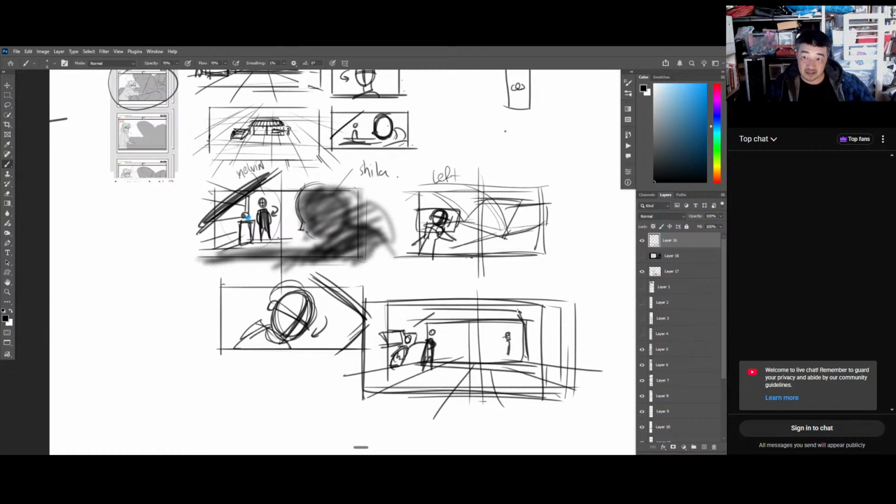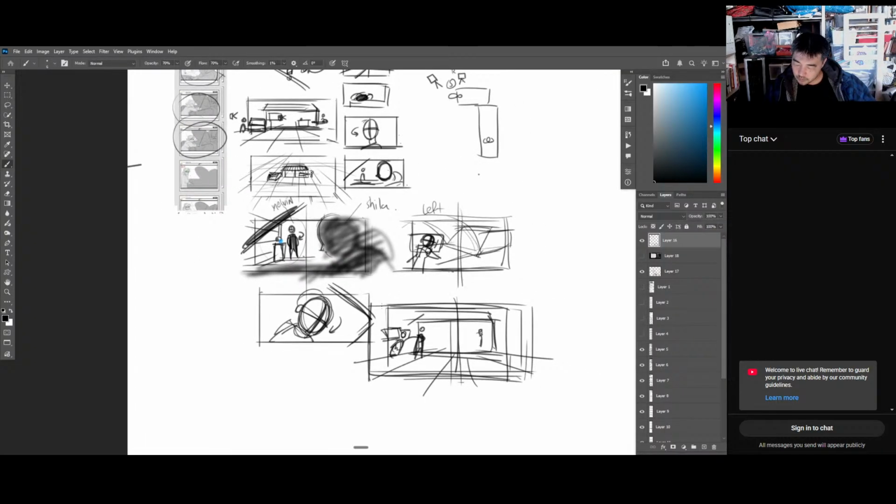I hope this makes sense. I mean, it looks messy and all this stuff, but I hope it makes sense. So we reestablish the line right here, and let's just keep moving on.